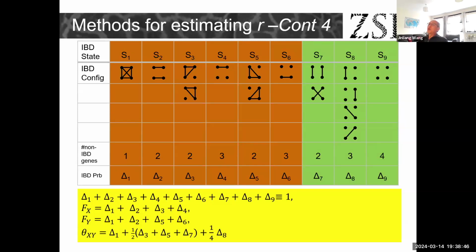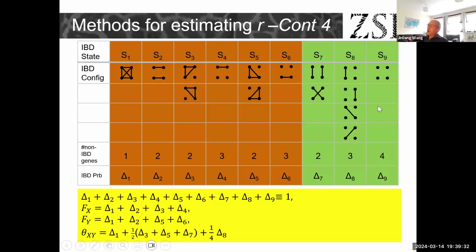For S1, for example, the 2 alleles in individual X on the top line and the 2 alleles in individual Y on the bottom line are all identical by descent. So effectively, we have only 1 allele in this case. The probability of this state is denoted by delta 1. Similarly, we have S9, that is, all 4 alleles are non-identical by descent. So we have 4 non-identical alleles.